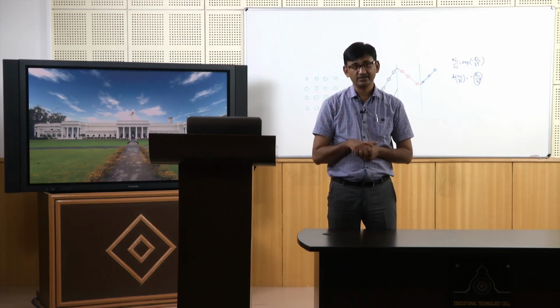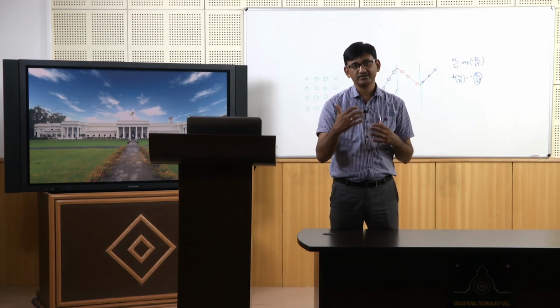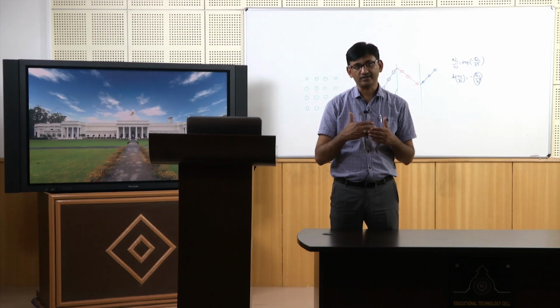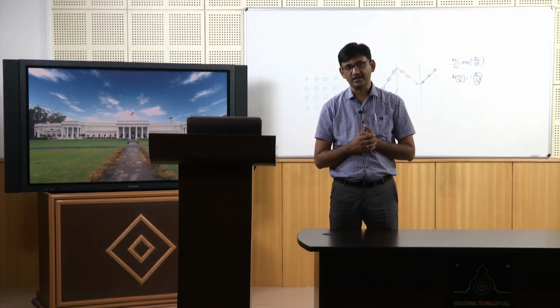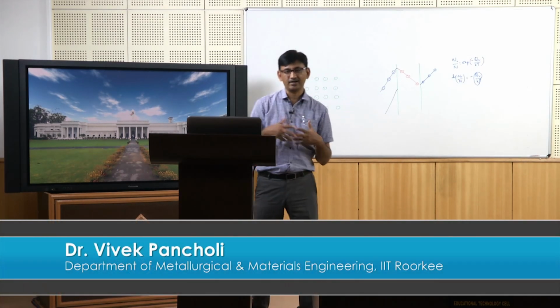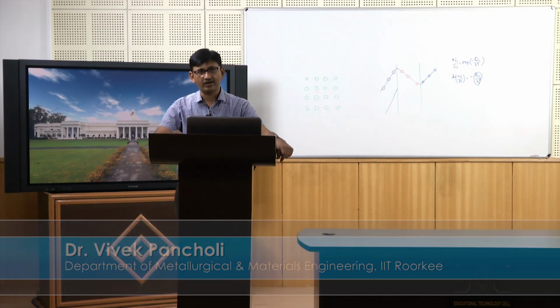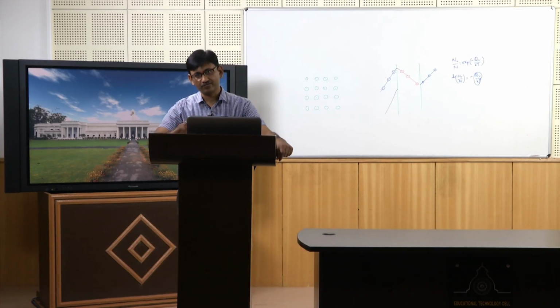Similarly, the grain boundary is a very important defect, because the grain boundary limits how much the dislocation is going to move, which we will see later on also. So, defects are very important to understand, and we will use the idea of these defects later on to understand a lot of structure-property correlation. Thank you.